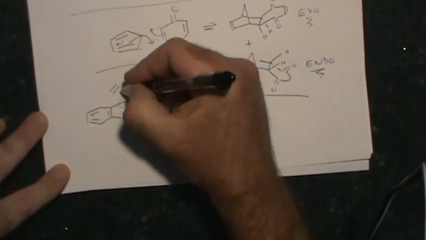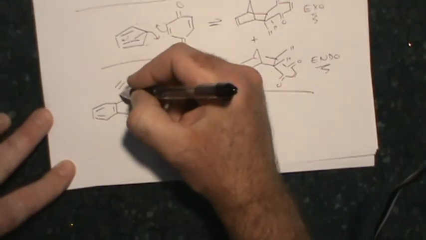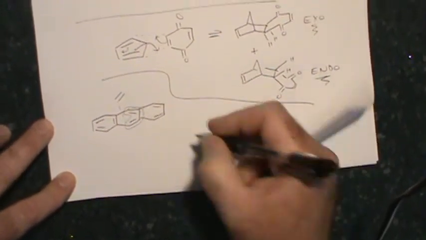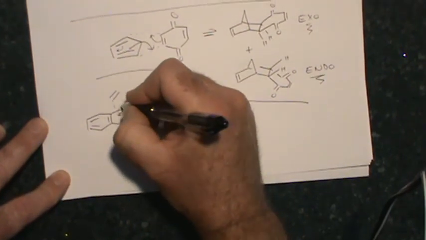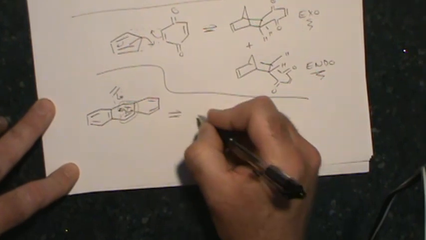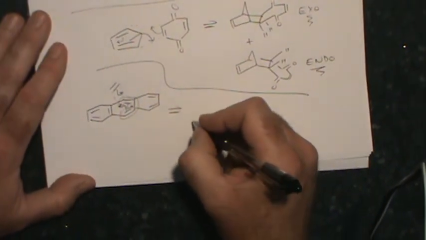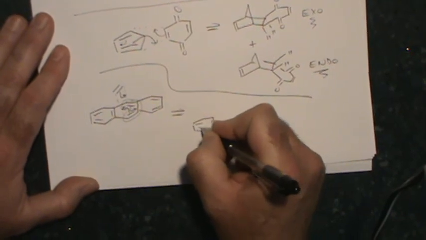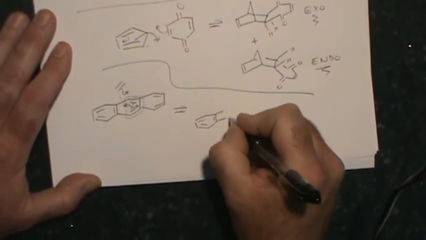I want to form a new 6-membered ring, which means I'm going to have a connection there and there, so 1, 2, 3, 4, 5, 6. These pi electrons could go there, these could go there, and these down there, and let's see what forms. In this case, I'm going to get a molecule that looks like this.